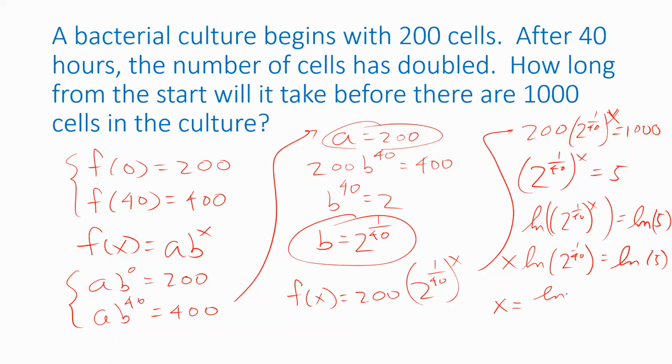So I have natural log of 5 already on the right, and I'm going to divide that by natural log of 2 to the 1 over 40. And you can use a calculator to evaluate this quantity. Approximately 92.8 hours.